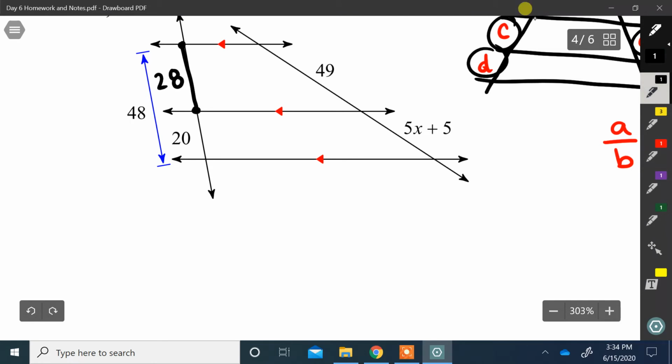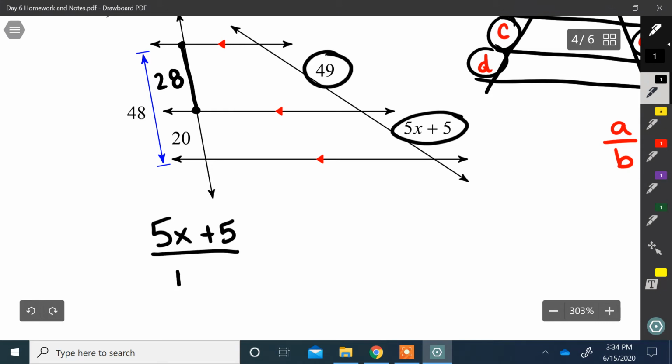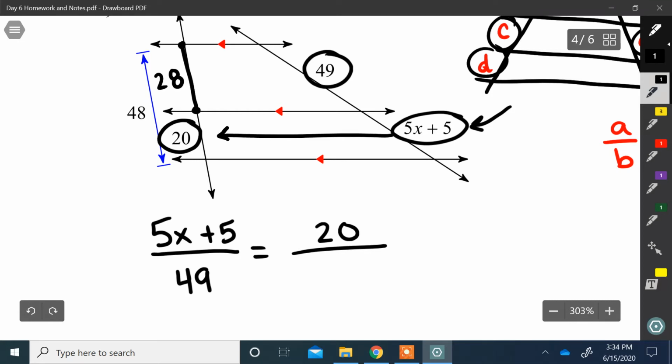We set it up like this: 5x plus 5 over 49 should equal, if I start with 5x, I need to start with 20. It has to be on the same line right there. Same line. And then over 28.